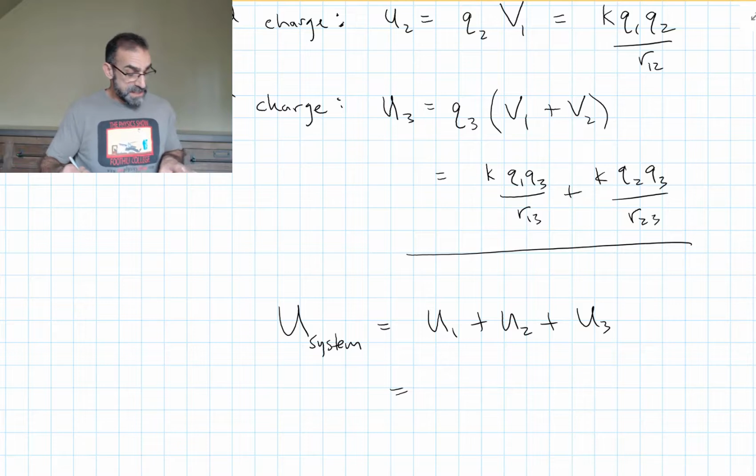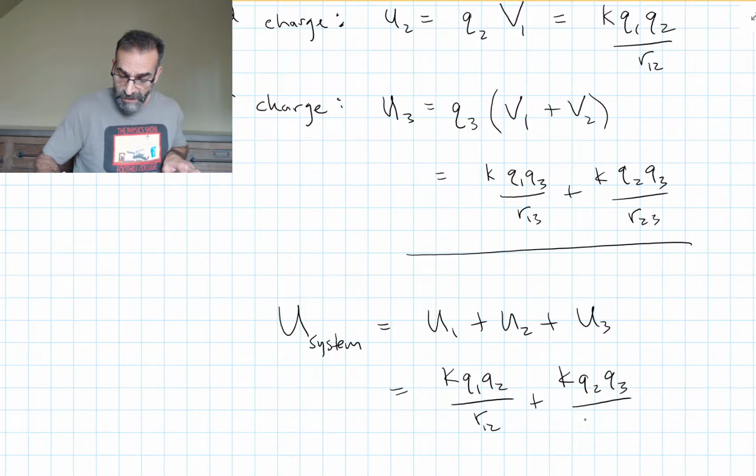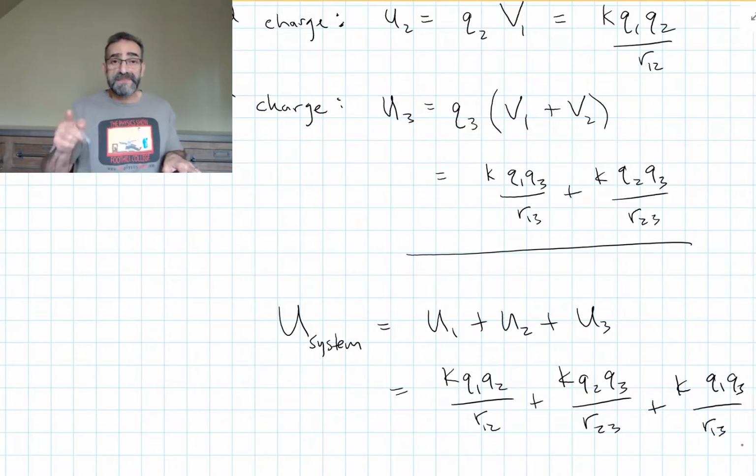It turns out it's every combination: K Q1 Q2 over R12, K Q2 Q3 over R23, K Q1 Q3 over R13. It's the sum of every combination.